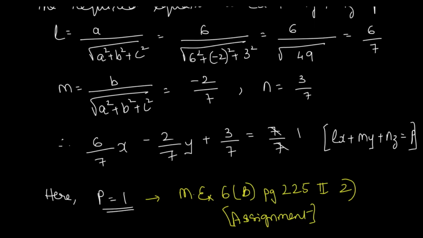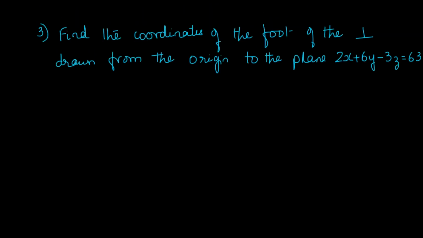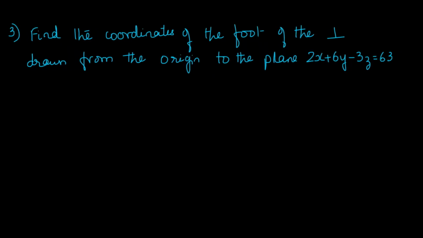Now we move on to the next question, that is the third question of our exercise. Over here, the third question is: find the coordinates of the foot of the perpendicular drawn from the origin to the plane 2x plus 6y minus 3z is equal to 63.